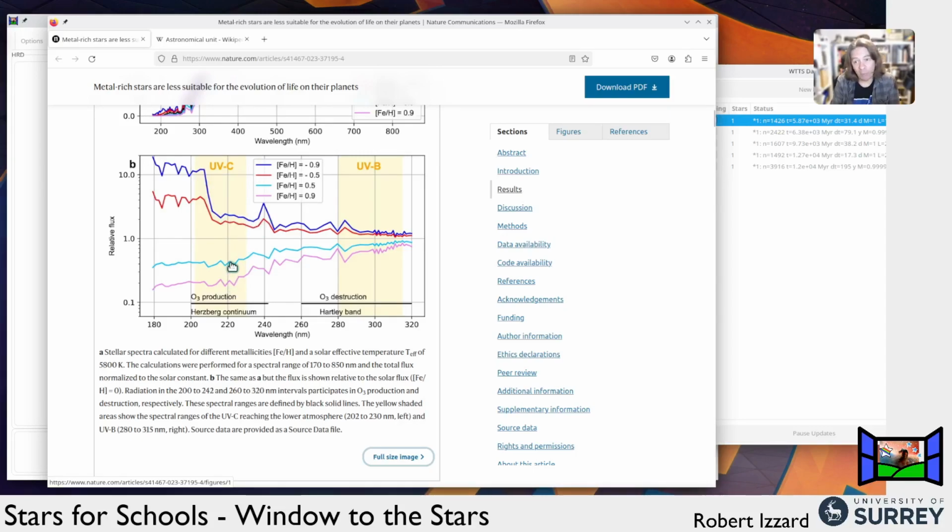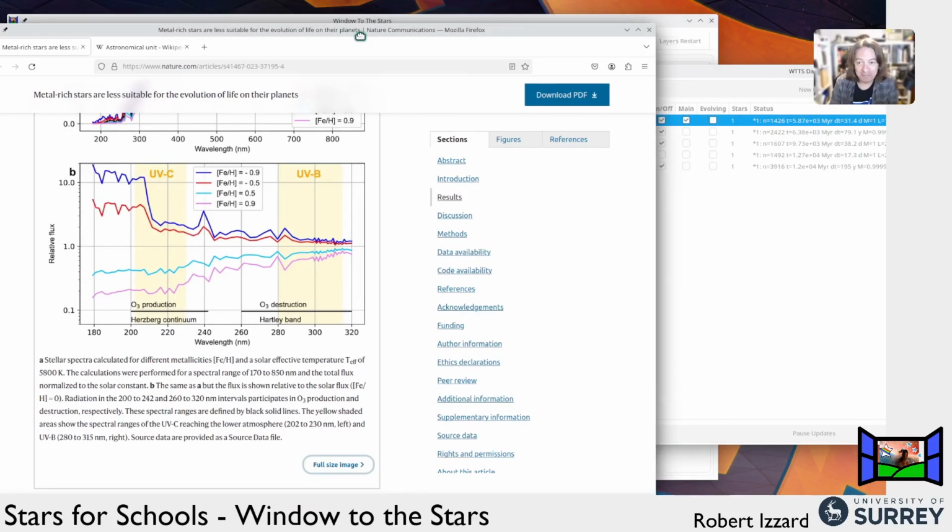So you actually have more protective ozone in the top of your atmosphere when you have stars nearby that are metal poor, which is the opposite of what I used to think. So I've learned something tonight. I've learned a lot about how life is complicated, and it turns out that possibly lower metal content might be better. So I thought this was very interesting, something for you to follow up on, perhaps.